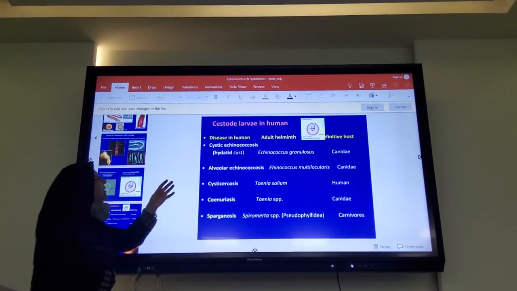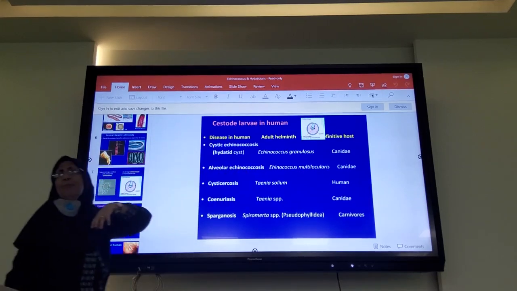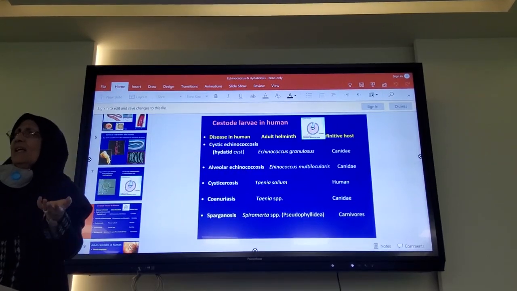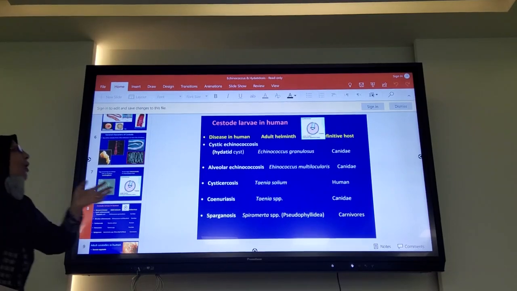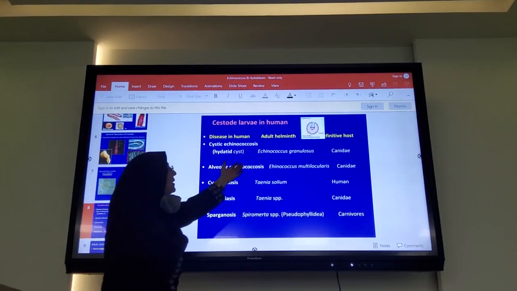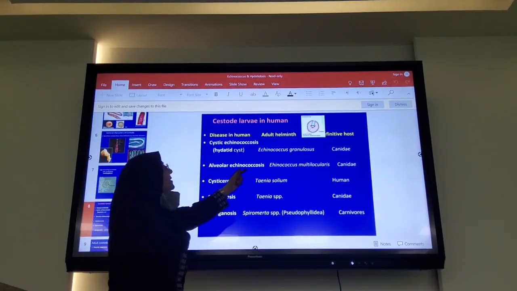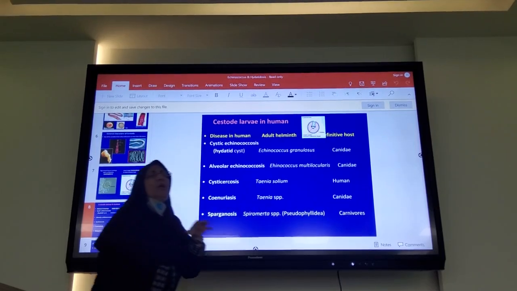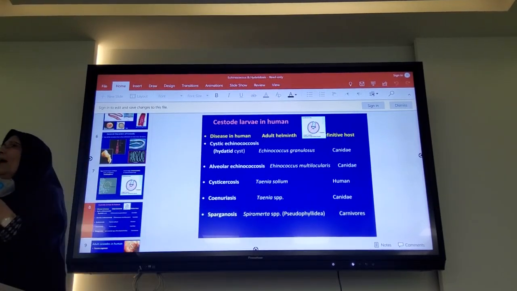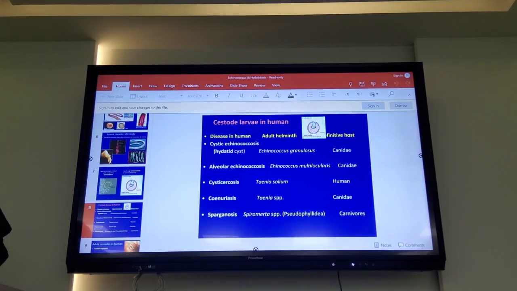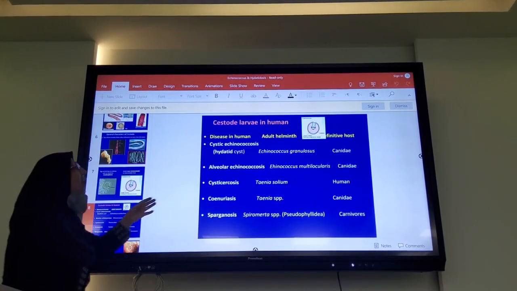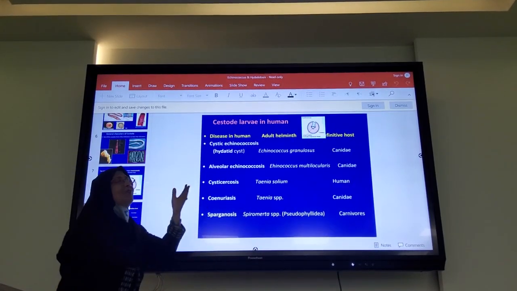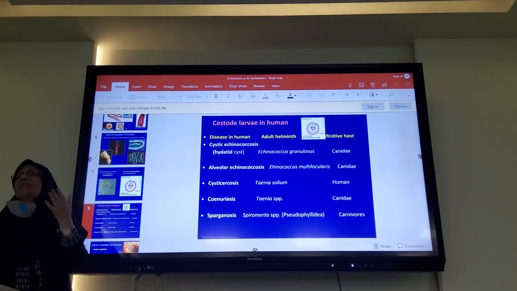Do you know what it means? Osis? Osis means the disease. Echinococosis is a disease caused by Echinococcus species. There's another tapeworm which is called Echinococcus multilucularis, which lives in the intestine of fox and other canids. The larval stage is called alveolar echinococosis.